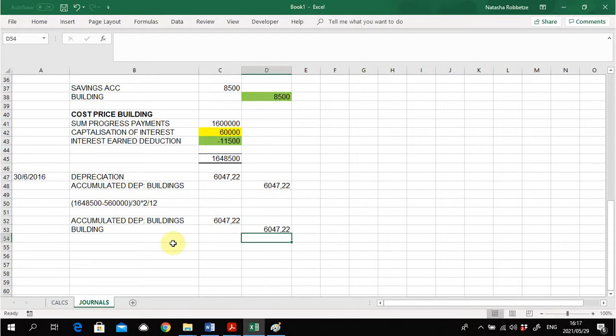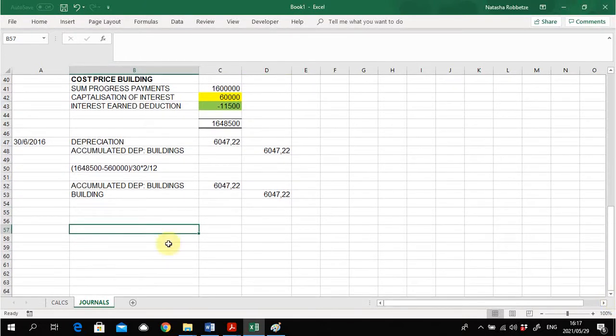Right, now we need to go and calculate the revaluation and whether there's a revaluation surplus. So in order to do this, I'm going to say, what was the cost price of the asset? It was this 1,648,500. What was the accumulated depreciation? I was going to minus this amount, 6,047.22.